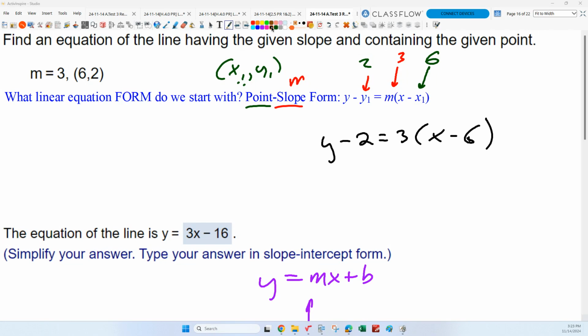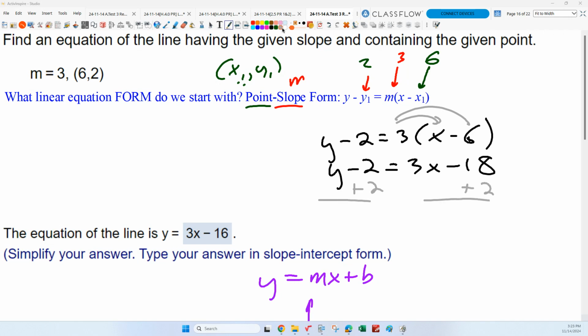Okay, from here to put this into slope-intercept form, it's always the same two steps. What are they? Distribute the slope and then isolate y, right? So we distribute the 3 and we get y minus 2 equals 3x minus 18. You isolate y by adding 2 to both sides.